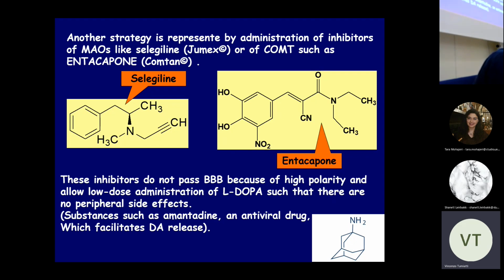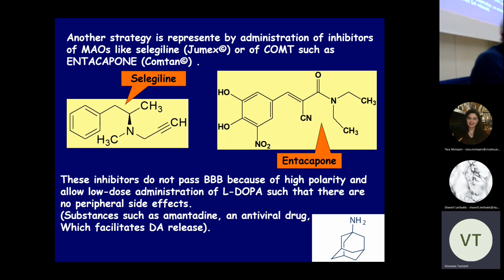At that time, medical doctors observed that when this compound was used in old people with Parkinson's, it was able to ameliorate the symptoms of Parkinson's in these old patients.